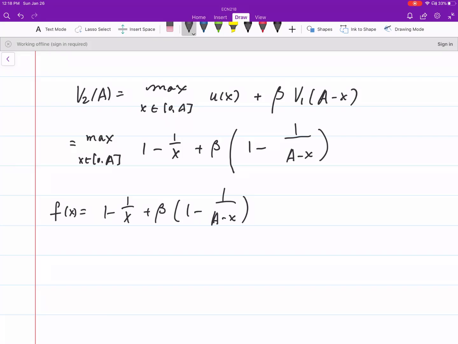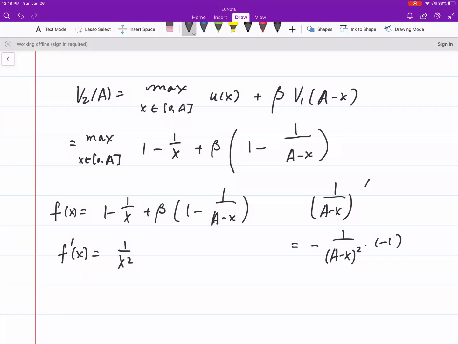We still follow the idea from calculus. In calculus, we learned how to find an absolute maximum. We take the derivative and set it to 0. So f prime of x: the derivative of negative 1 over x becomes 1 over x squared. Beta is a constant, and we also have the second term. This time we need to be extra careful. If we take the derivative of 1 over A minus x, we have negative 1 over A minus x squared, times negative 1.